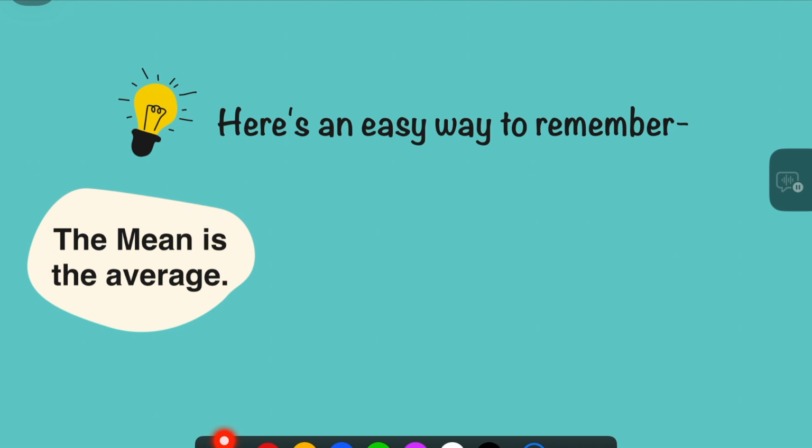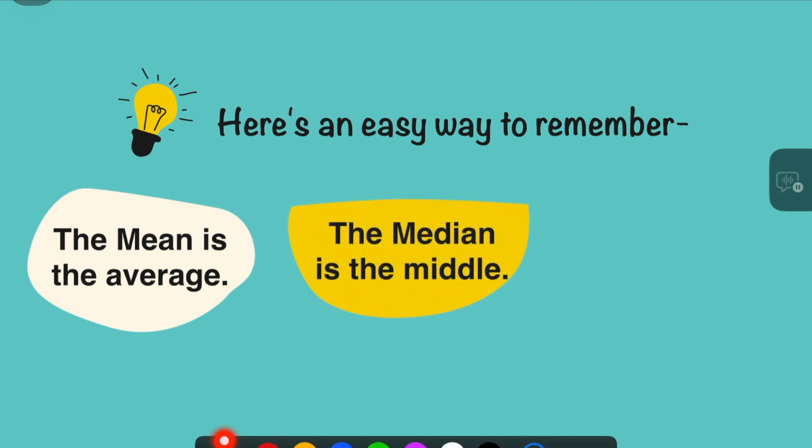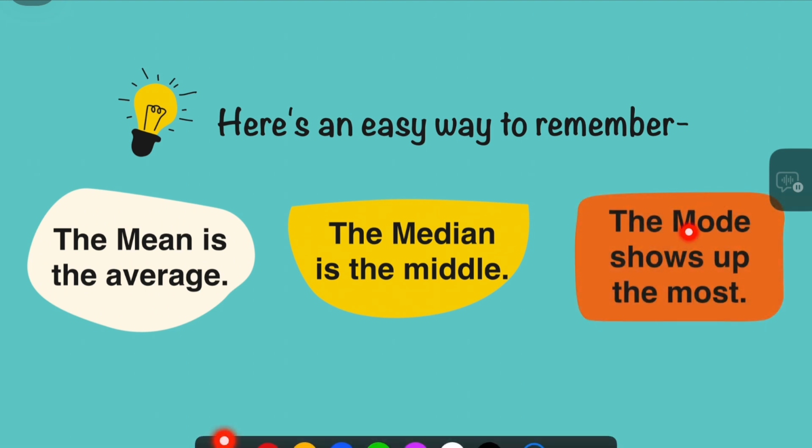Mean means average, so the mean is the average. The median is the middle. And the mode shows up the most, meaning it occurs the most times. Please bear in mind these three simple definitions to remember how to get the mean, median, and mode.